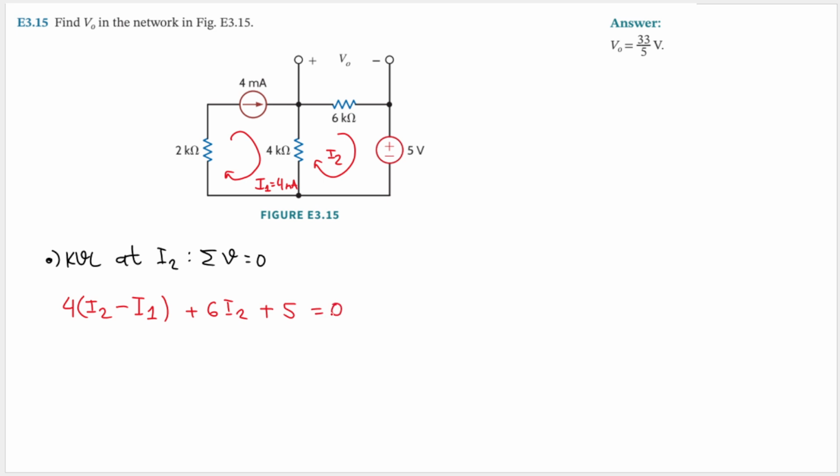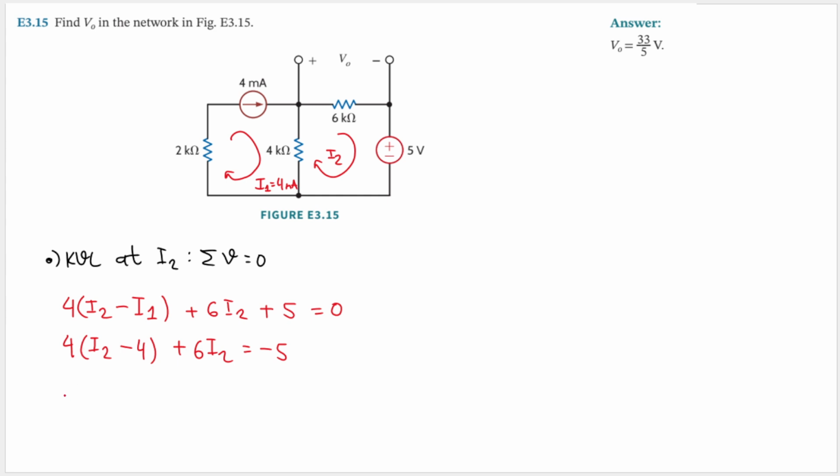Now let's do some simplification here. So what can we do? First, we can plug in the value of I1, which is 4 milliampere. So we have minus 4 there, then plus 6I2. And let's move this plus 5 to the right-hand side, so we'll have minus 5. Good.